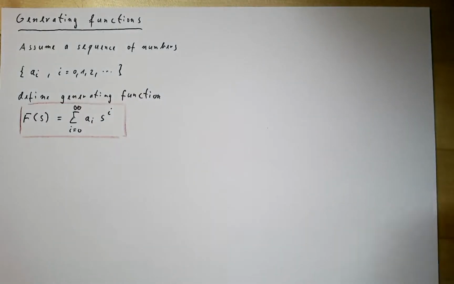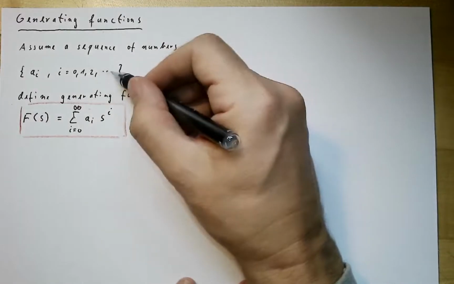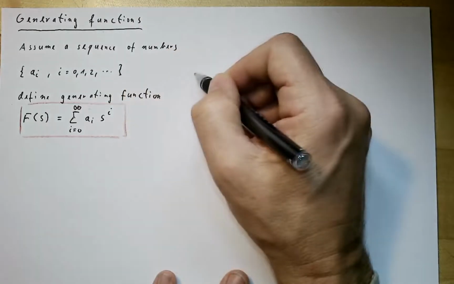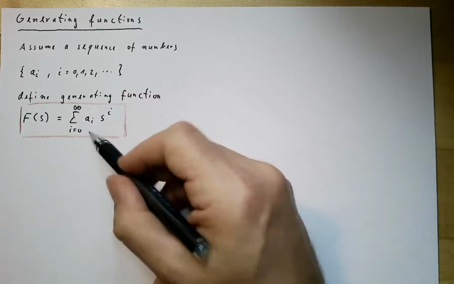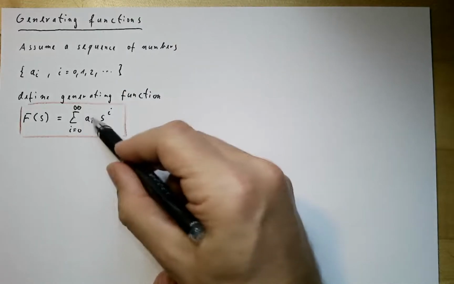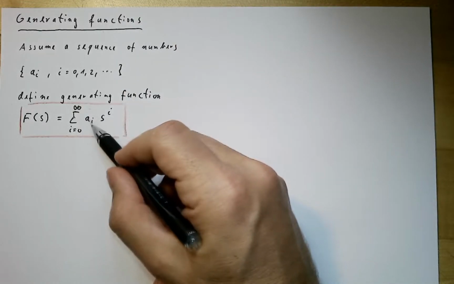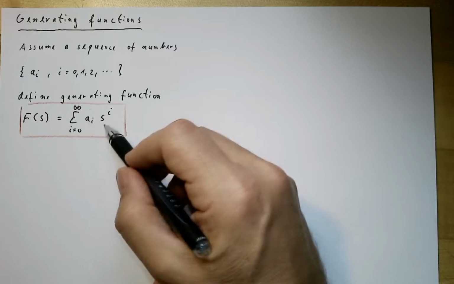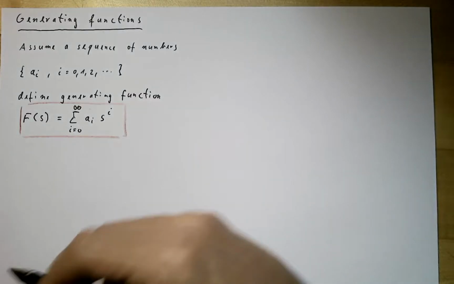If the sequence is finite and it stops at a certain value, then we just can replace all the rest of the elements by 0. If all a values beyond the finite size are 0, then this generating function is not changed.